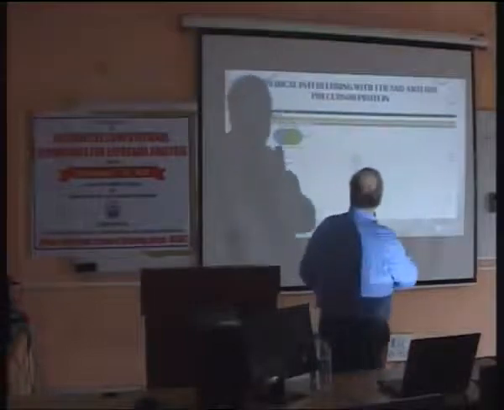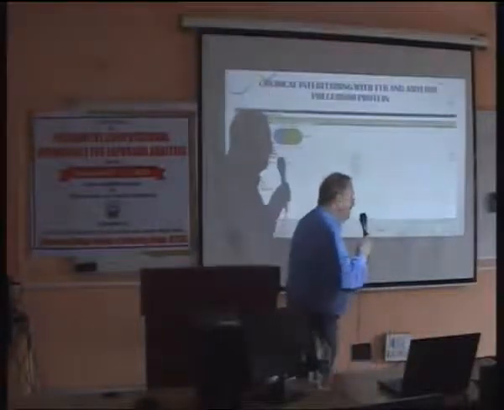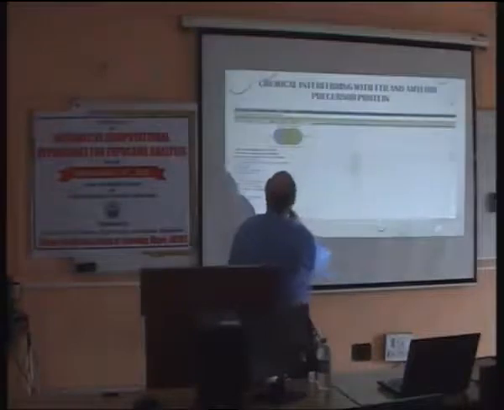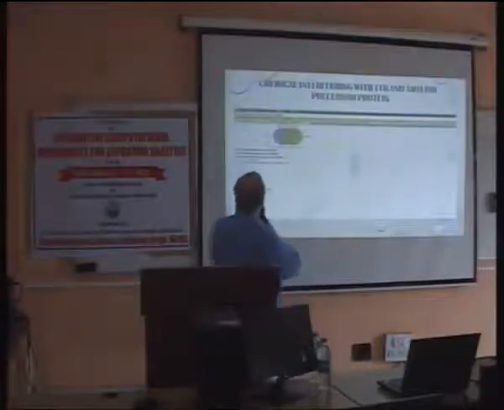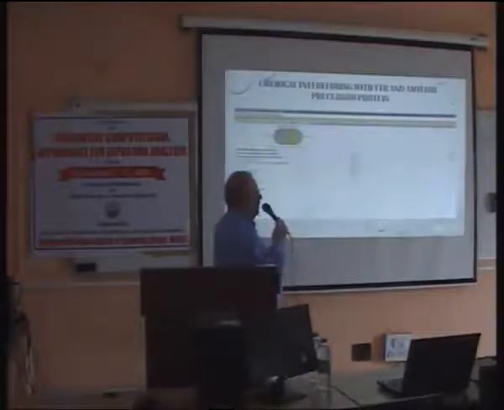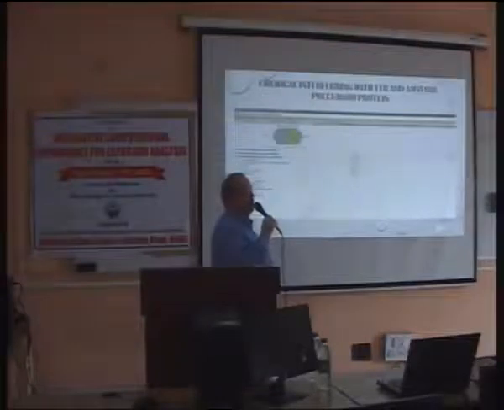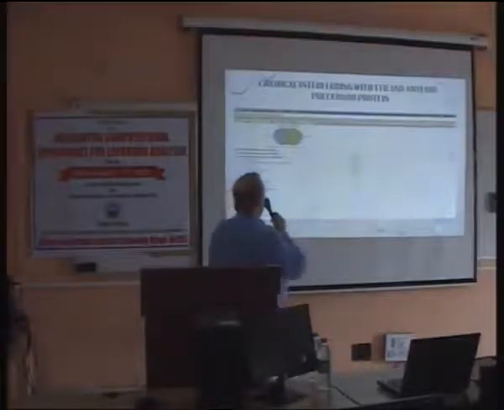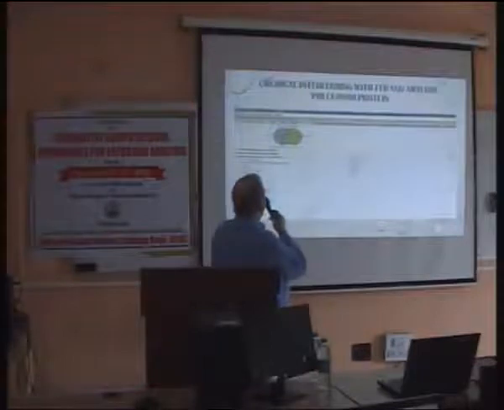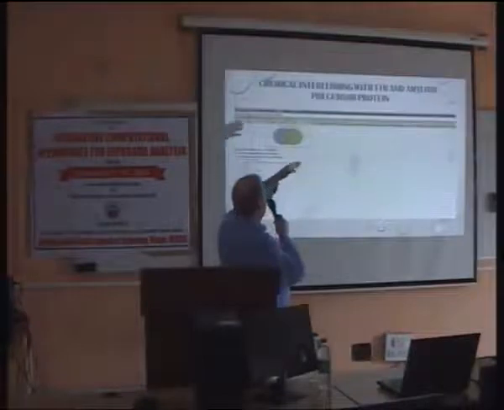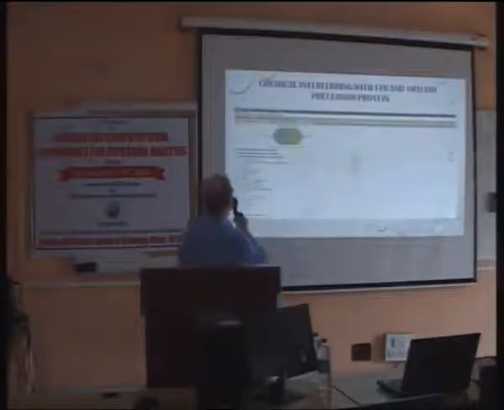Okay, you can see here an example of what is possible to do with the Comparative Toxicogenomics Database. It is an example I provided to check the chemical interference with transthyretin and amyloid.